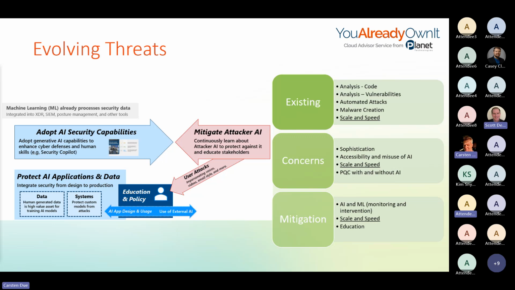The last one on existing threats is scale and speed. And I've underscored it because, even before AI public availability, maybe a year ago, we still saw attacks with scale and speed.